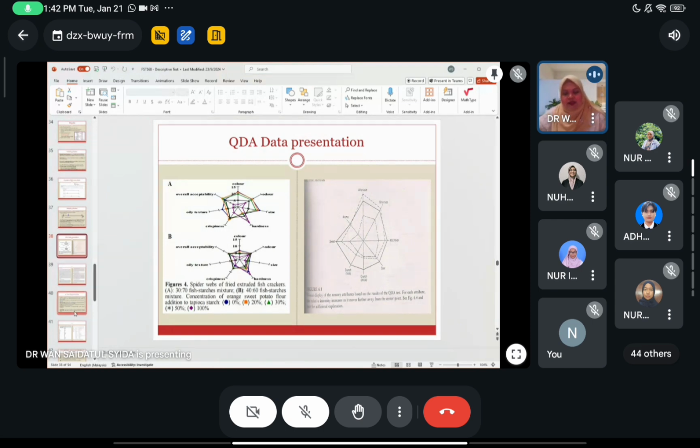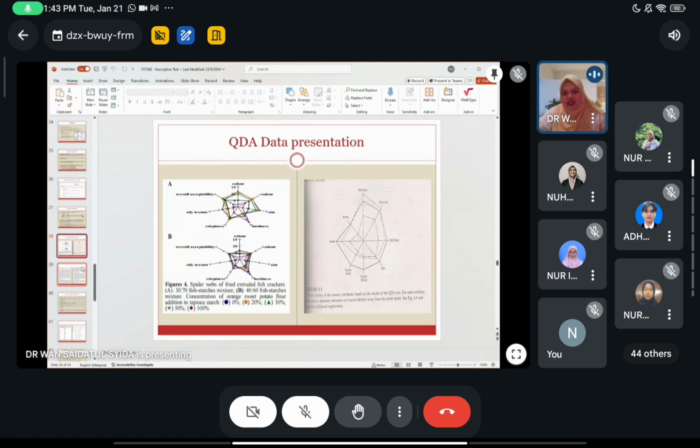But if you are being asked to do a spider web, they will give you the scale of each attribute and how to design or construct the spider web. Look at the attributes that you are suggesting.